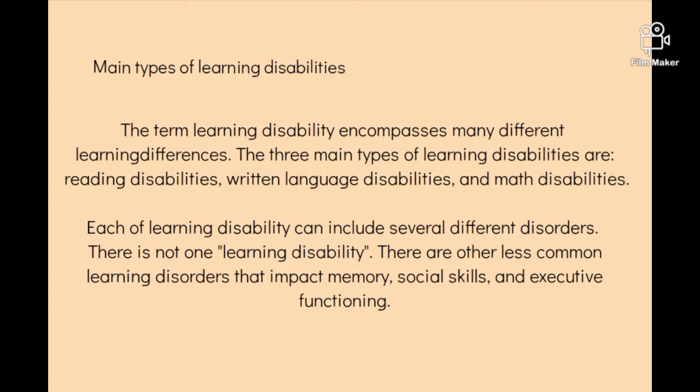Each type of learning disability can include several different disorders. There is not one learning disability. There are other less common learning disorders that impact memory, social skills, and executive functioning. So now, let us discuss the three main types of learning disabilities.